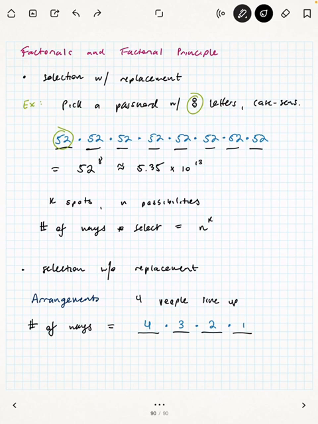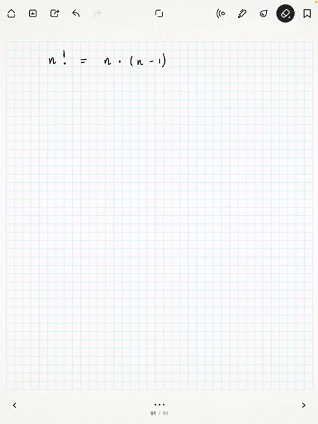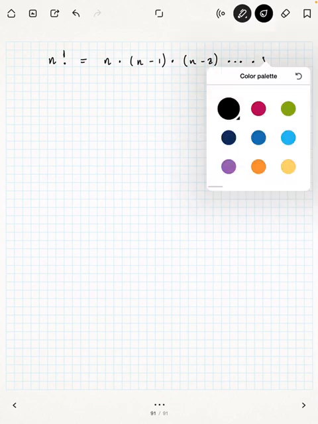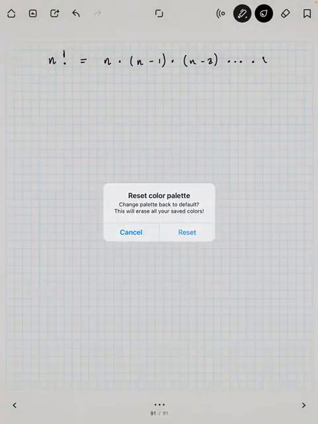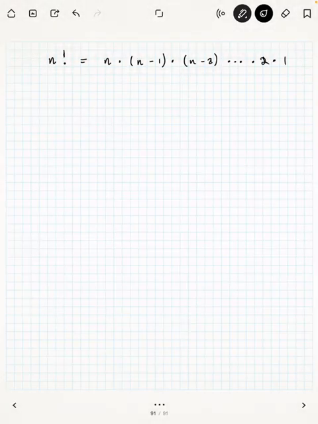So as a brief refresher or introduction if you're unfamiliar with factorial, we define n factorial, which looks like n with an exclamation mark, to be n itself times the whole number right before it, times the whole number right before that, all the way down the line until you get to 2 times 1.